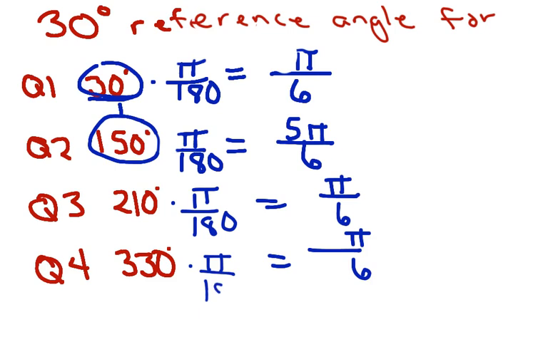So all we have to do is fix the numerator up. How many 30 degrees are in 210? 7. How many 30 degrees are in 330 degrees? That would be 11. So you just put 11. So we just converted all the degrees to radians when the reference angle for these degrees is 30 degrees.